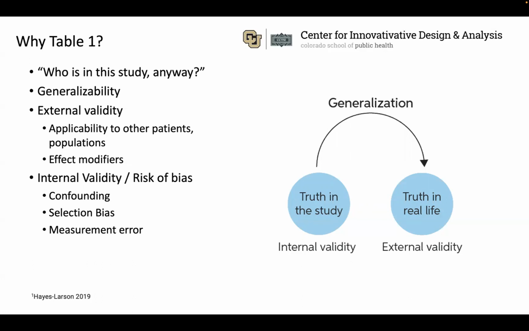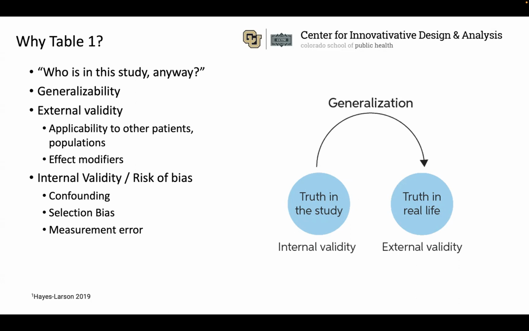I had somewhat naively thought that it was just whatever table investigators had decided to place first. But no, it is essentially a snapshot of who is in the study at hand. I really enjoyed this publication, so if you have a chance, I would glance at it if you're curious. I'm going to be talking about it a lot in this presentation too.